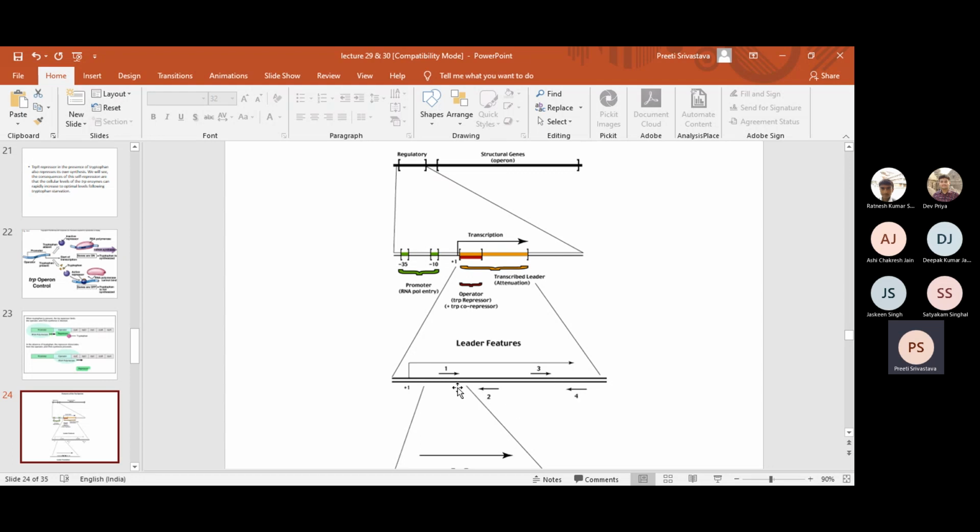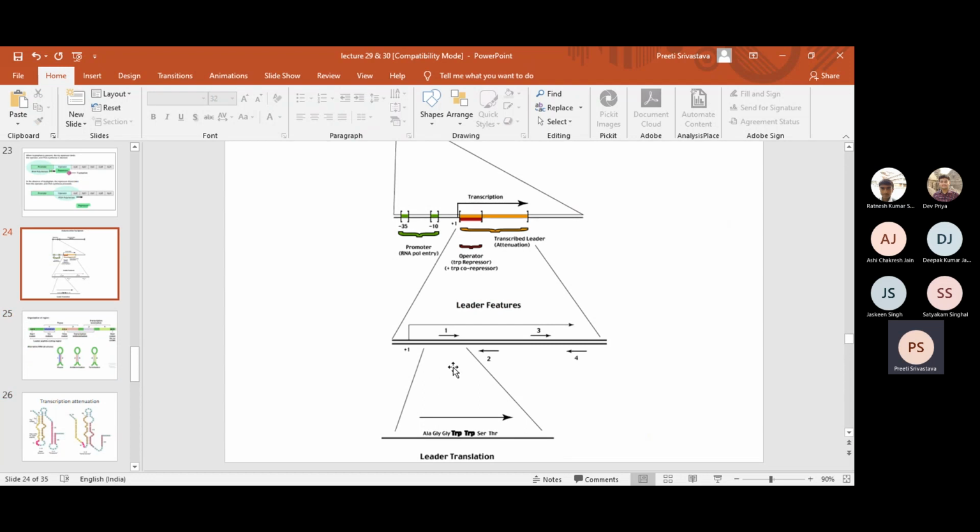The unique features of these regions are that 1 and 2 can pair, 3 and 4 can pair, and likewise 2 and 3 can also pair. So 1 and 2 can pair to form a stem loop, that means a hairpin loop. 3 and 4 can also form a hairpin loop, and 2 and 3 can also form a hairpin loop.